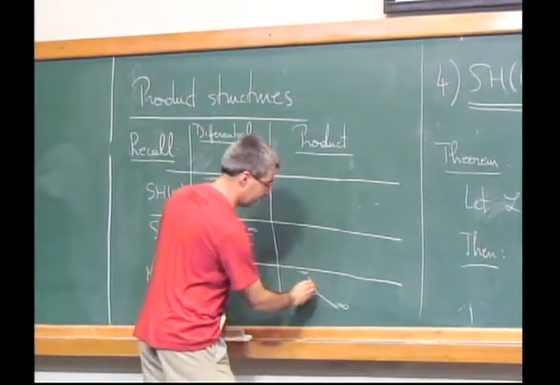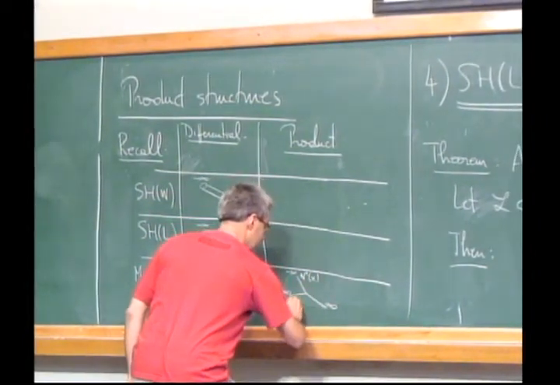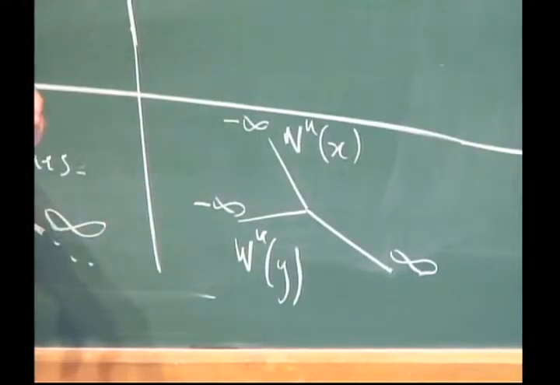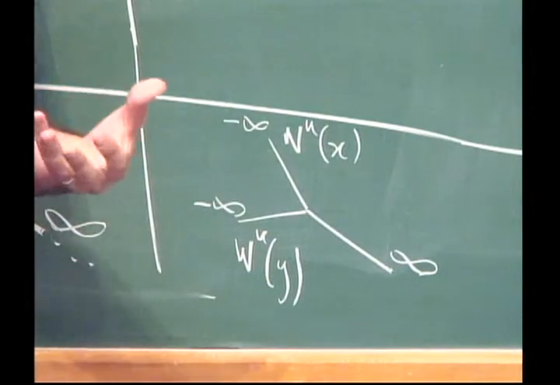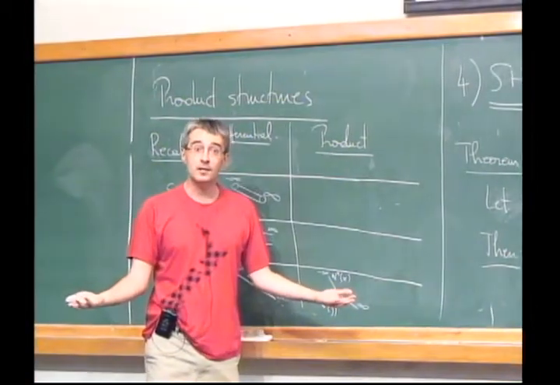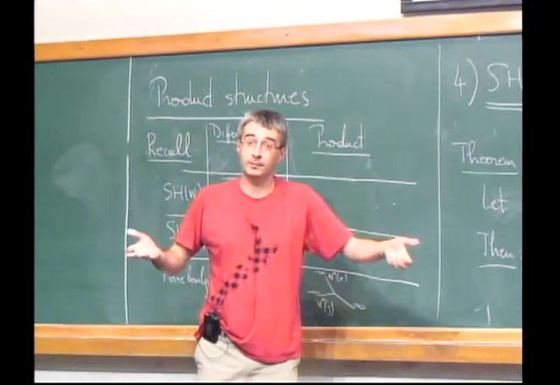I'm intersecting W of some point X with the unstable manifold of some point Y. They are going to intersect. And if I want to express that as a linear combination of cells, I have to let it flow and see where it gets hung up.